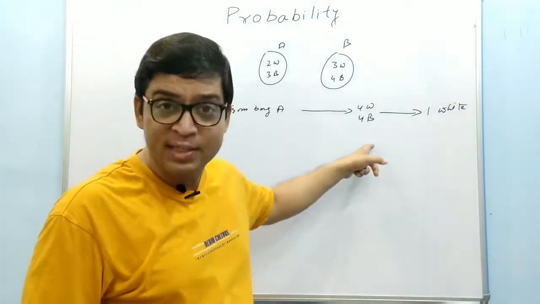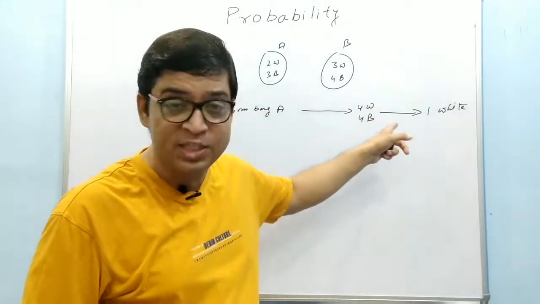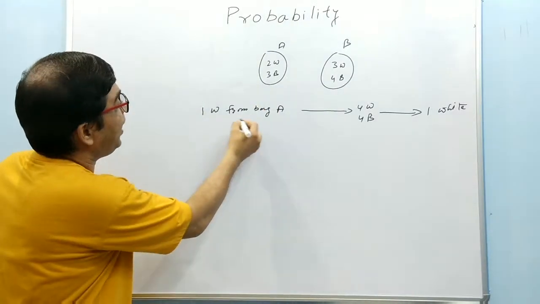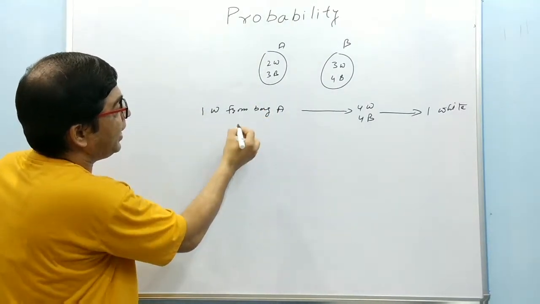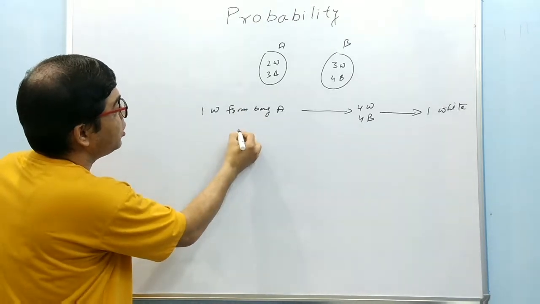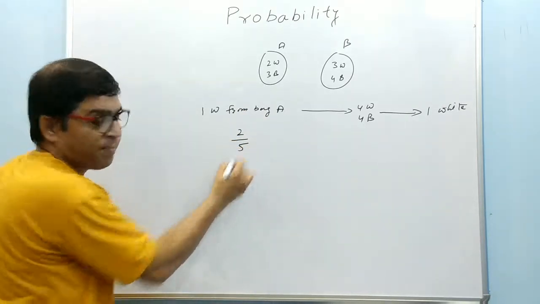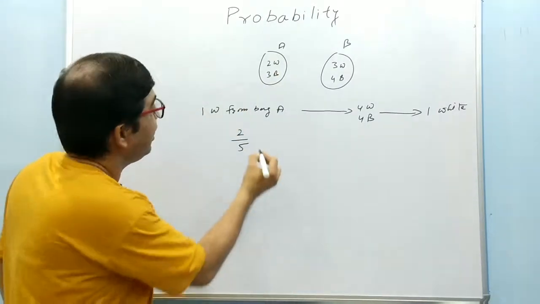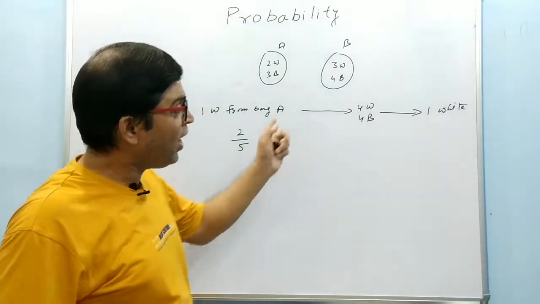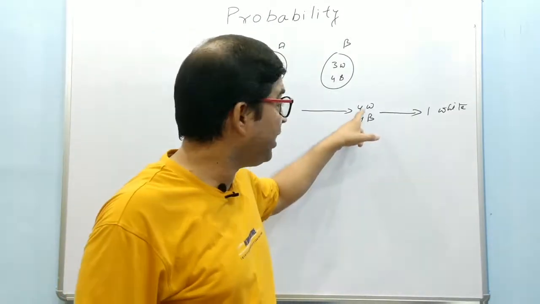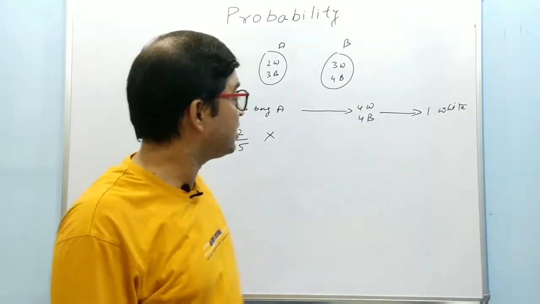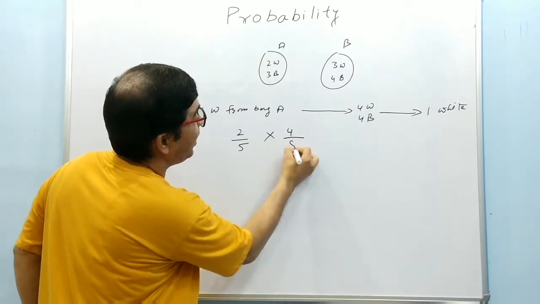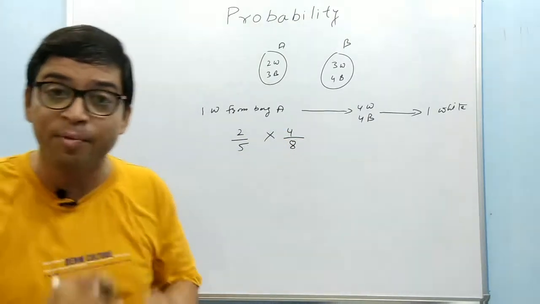First event, the sample space is changing here, and now we have to draw from here. So one white from bag A can be transferred in 2 by 5 ways, because 2 white are there and total balls are 5, into now one white ball I have to draw. So a white ball can be drawn in 4 by 8 ways. This is case number 1.